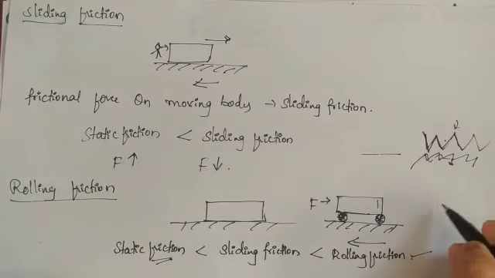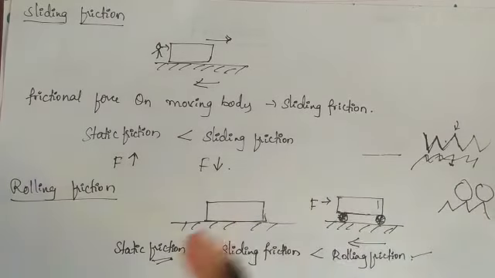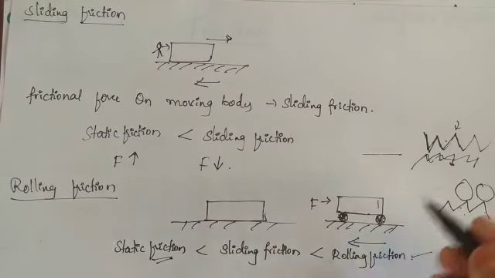Now in the case of rolling friction, this is the rough surface, and the object will just roll over it, so there won't be much contact between them. The contact between the surface and the rolling wheel just slides up.